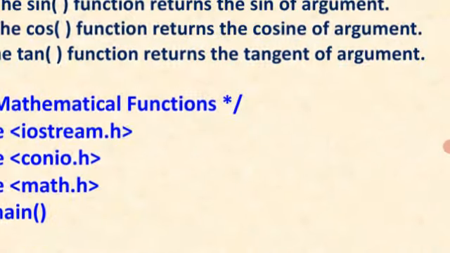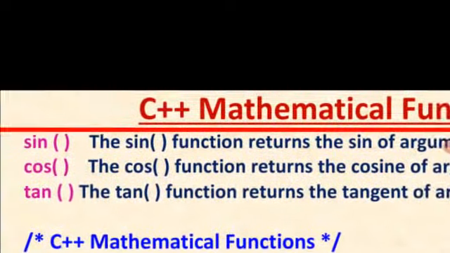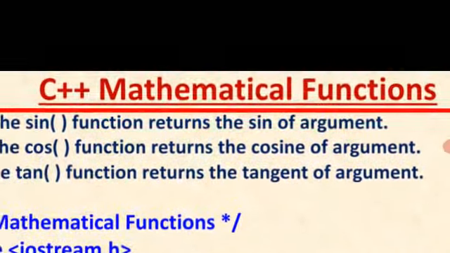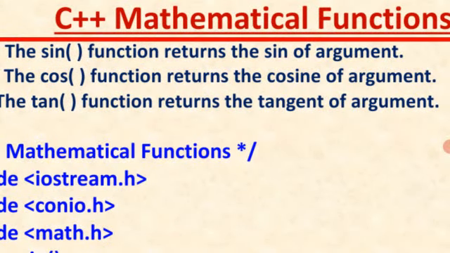Now students, let us understand the first standard, you can say, built-in or library functions, which is the mathematical functions. In C++, several mathematical functions are there which we can use wherever our requirements are.